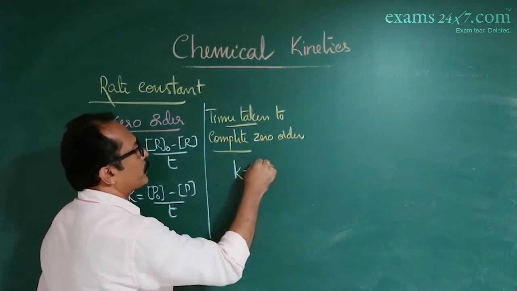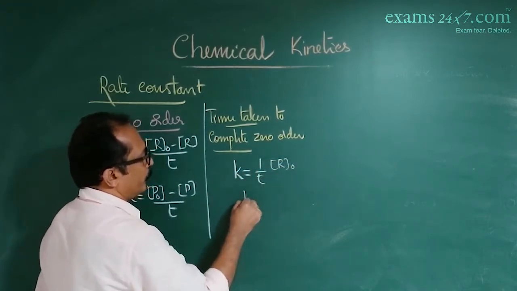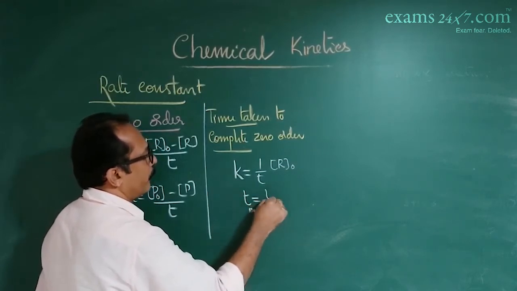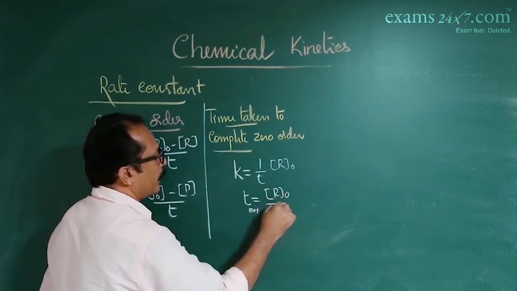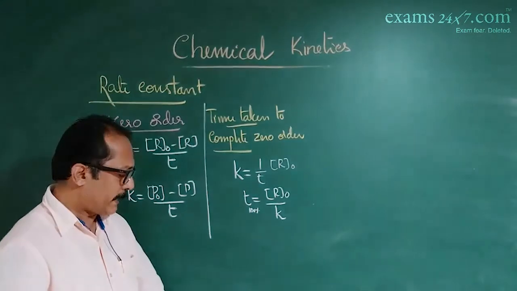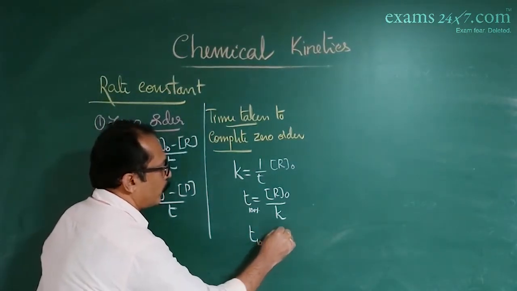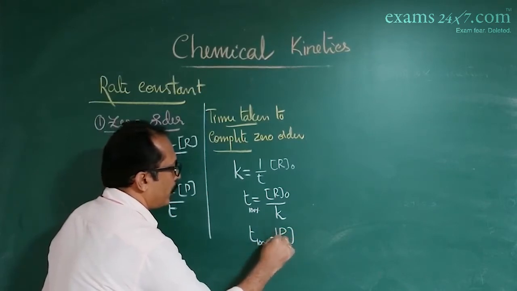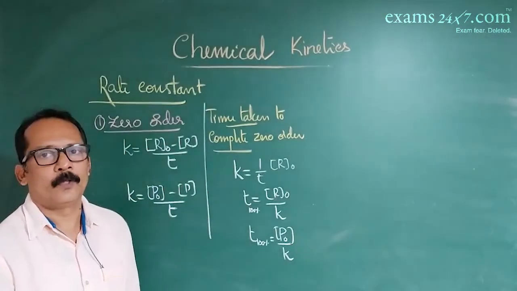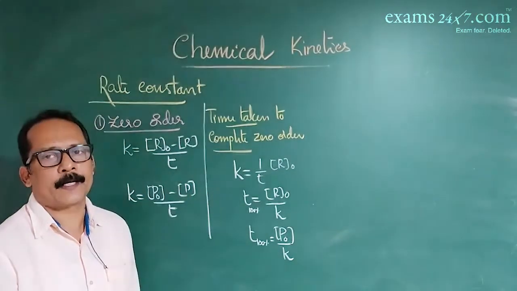K is equal to 1 by T times R naught, or T is equal to the time required for 100% completion, R naught divided by K. If the reaction is in gaseous form, then T is equal to P naught divided by K. So these expressions are suitable for zero order reaction.